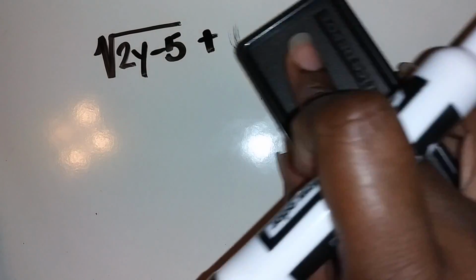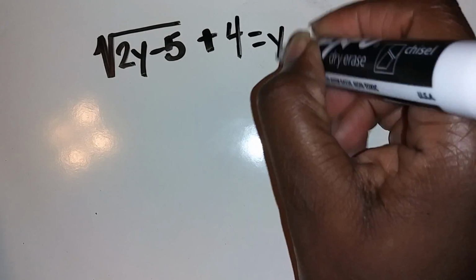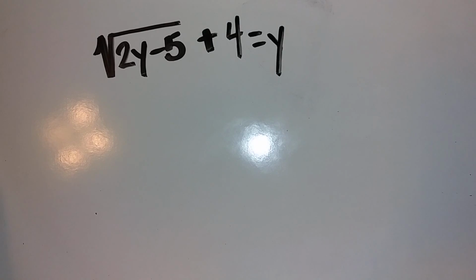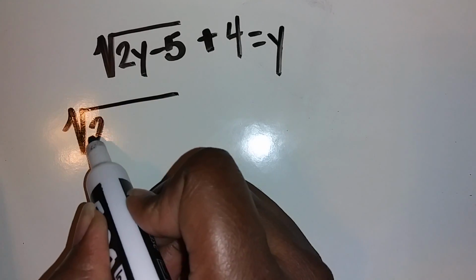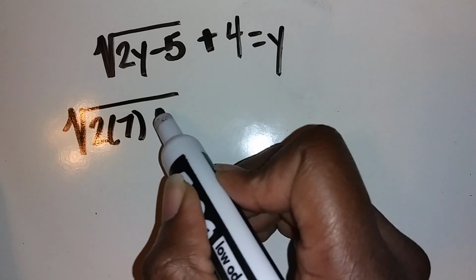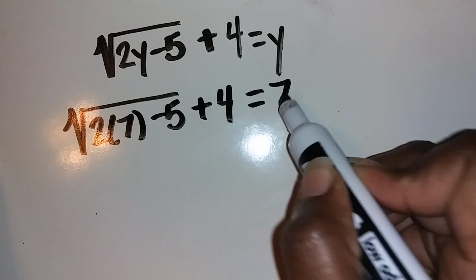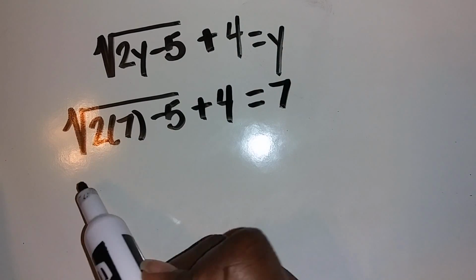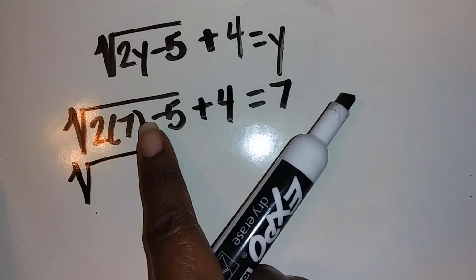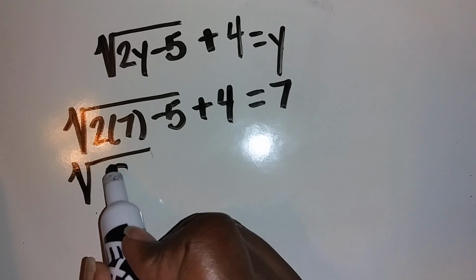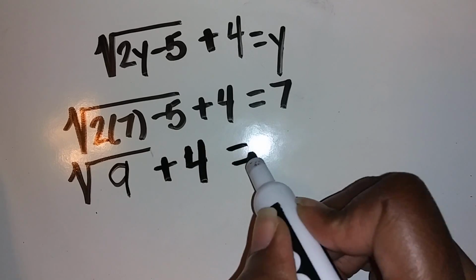Now, one of my answers was 7. Everywhere I see y, I'm going to plug in 7. Two times 7 is 14, and 14 minus 5 is 9. Plus 4 equals 7.